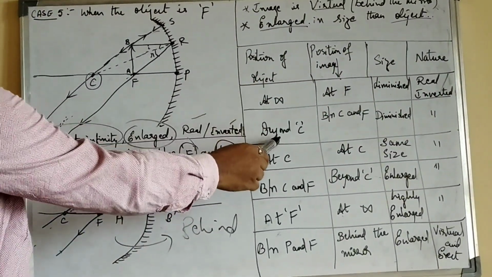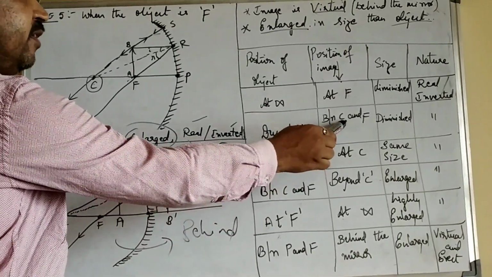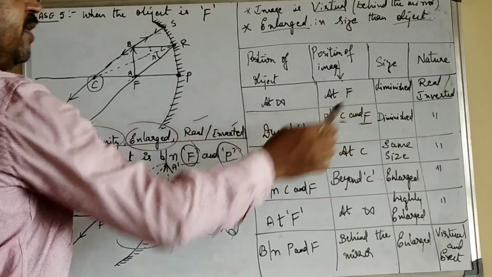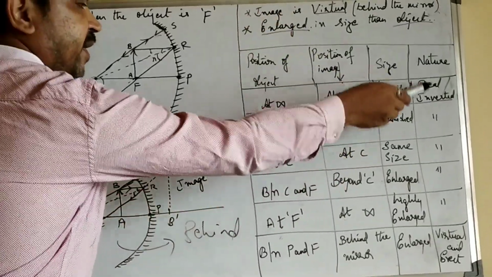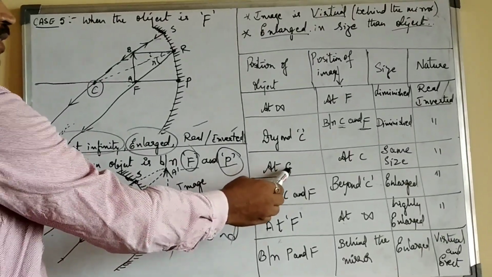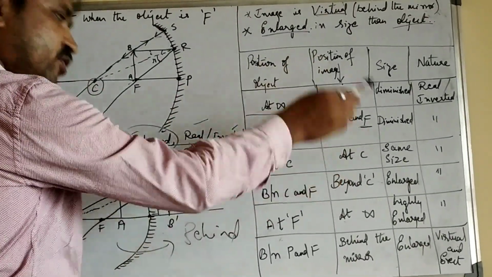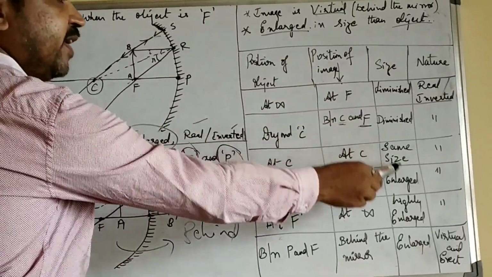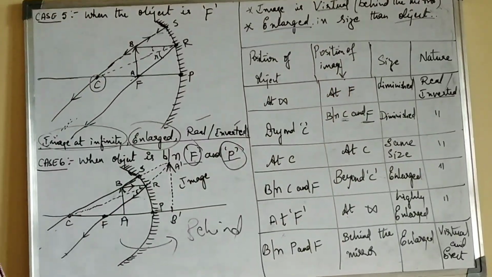When the object is beyond the center of curvature, the image is formed between the center of curvature and principal focus. The image is diminished, small in size, real and inverted. When the object is at the center of curvature, object at C, the image is also formed at C. The image is of the same size as the object, real and inverted.